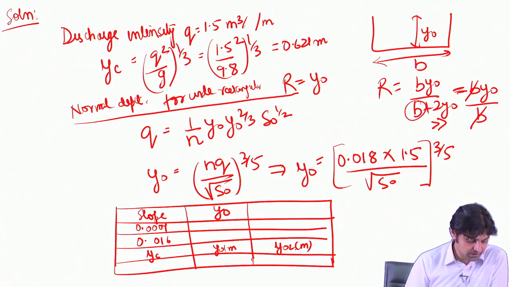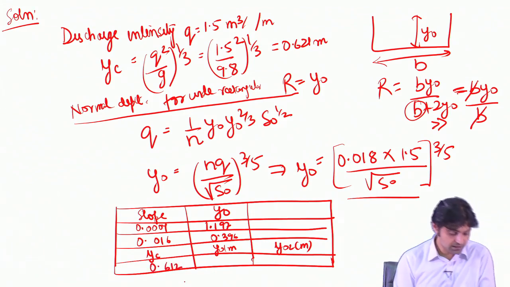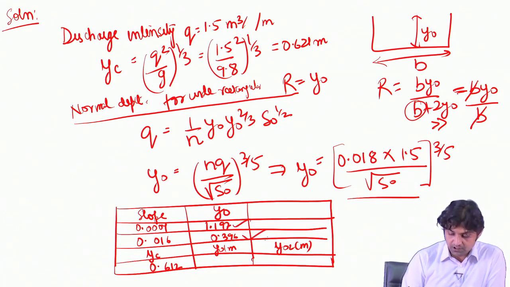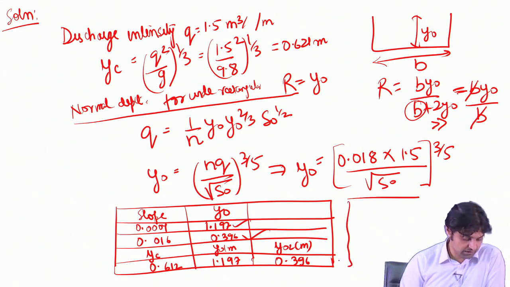For this S naught, the normal depth if we put, we can get 1.197, and if you put S naught as 0.016, we are going to get 0.396, and Yc is 0.612, right. There are two normal depths, y01 and y02 here. So, one is 1.197, the other is going to be 0.396. So, this is what is written, all right.